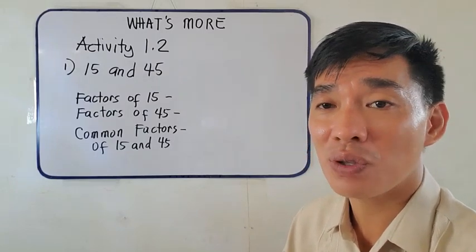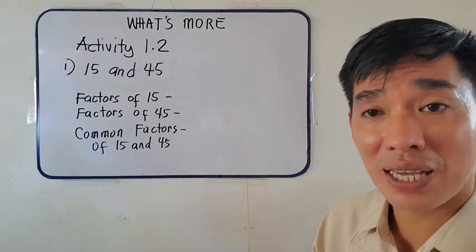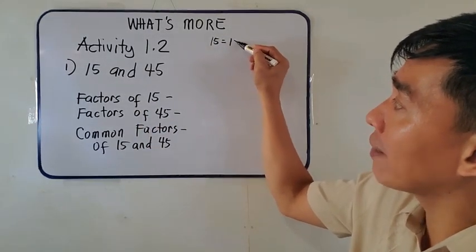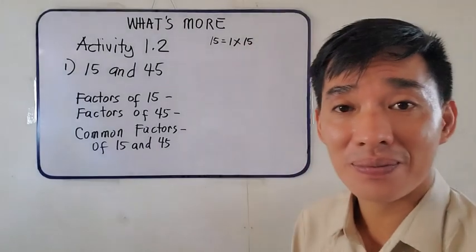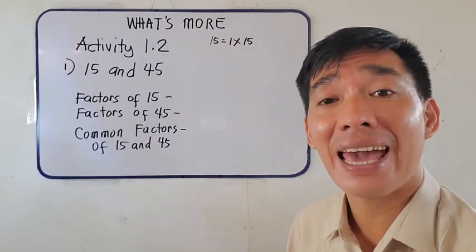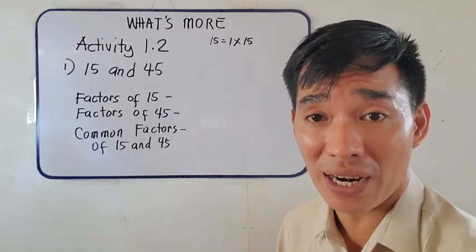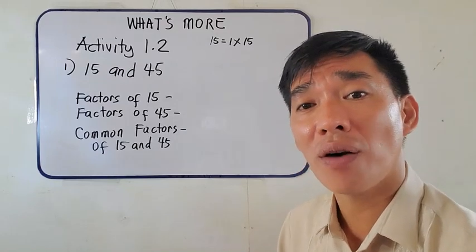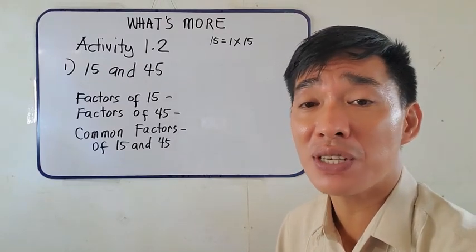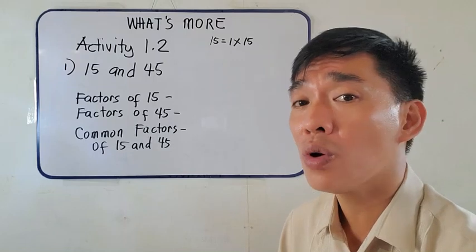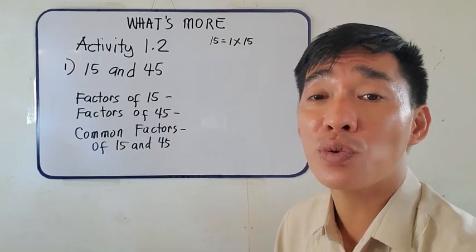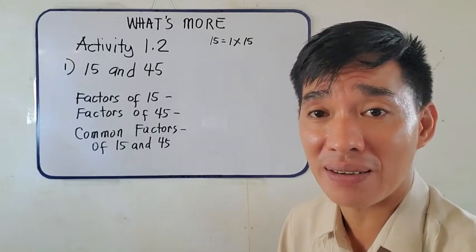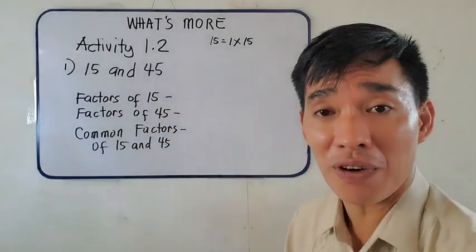So let's start with 15. What are the factors of 15? 15 is equal to 1 times 15. That's already given, since any number has a factor of 1. So you always start with 1 times 15. The next thing that you have to do is use your skills in the divisibility rules of 2, 5, and 10 in order for you to easily determine the other factors of 15. 15 ends with 5.